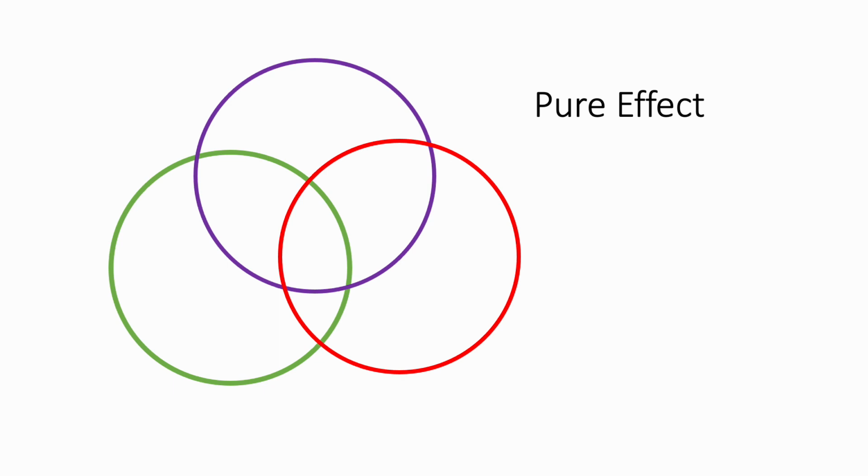So that's this little area over to the left. Bear with me, but I think you can now see what I'm talking about here. The multiple regression coefficient, whatever you call it, right here, this is the pure effect.